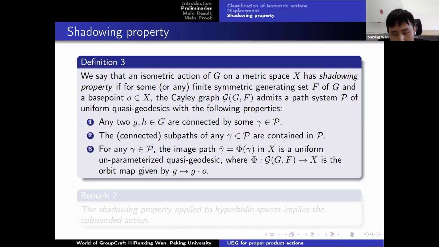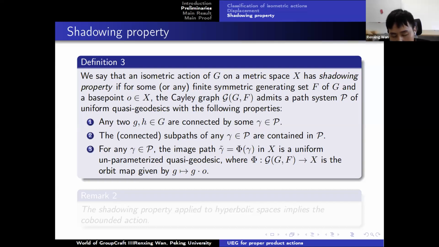I want to mention that the path system may not contain all the coarsely geodesics. It is determined by us. It's a collection of preferred uniform coarsely geodesics, such that any two group elements are connected by some path in P, and any subpath of a path in P is still contained in P.